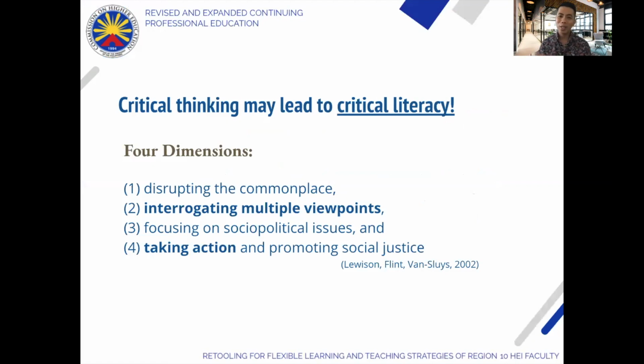And so that is a good transition because I would say that critical thinking may lead to critical literacy, which has 4 dimensions. One is disrupting the commonplace, meaning the status quo. And the second is interrogating multiple viewpoints, which is similar to critical thinking. Although critical literacy focuses on social political issues, right?